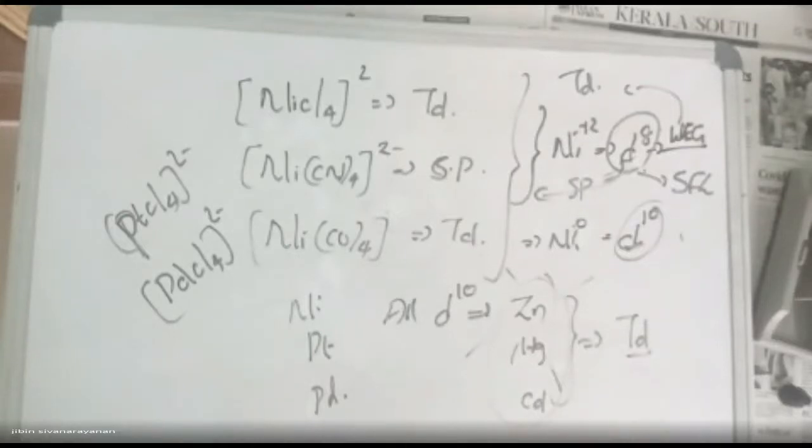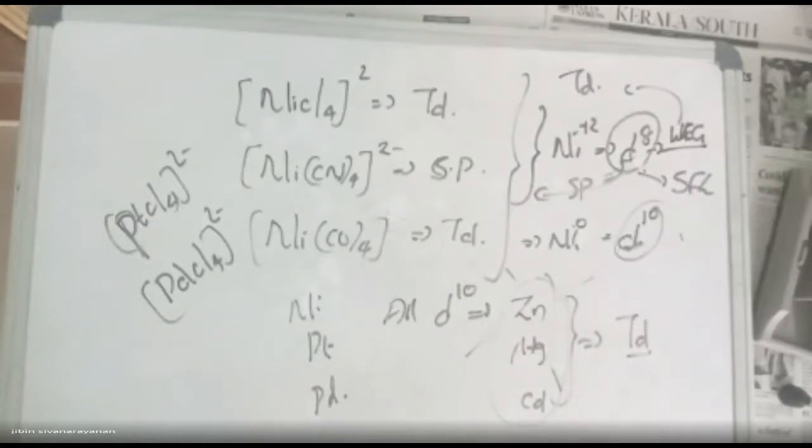We know that in the second and third rows, there is a lanthanide and actinide contraction. The second row is actually starting from lanthanide, and the third row is actually starting from actinide. So there will be a lanthanide as well as actinide contraction corresponding to these different rows.